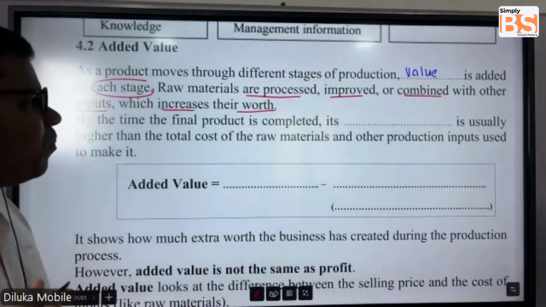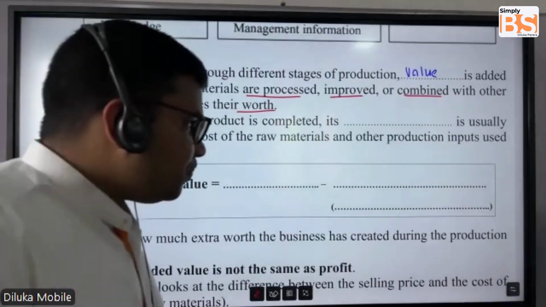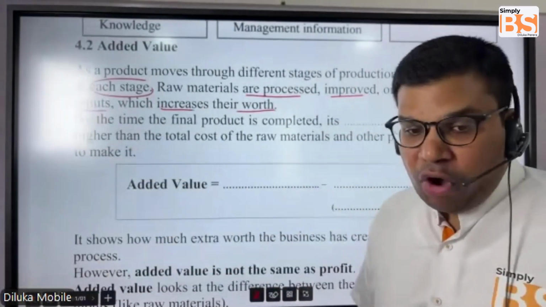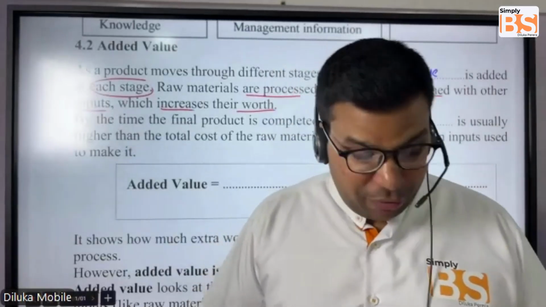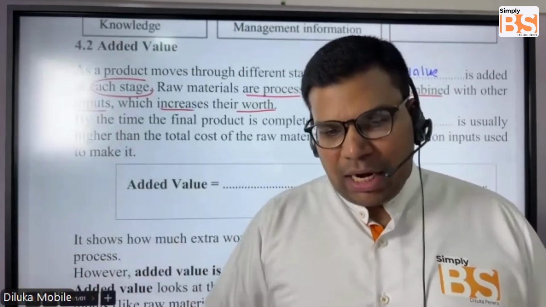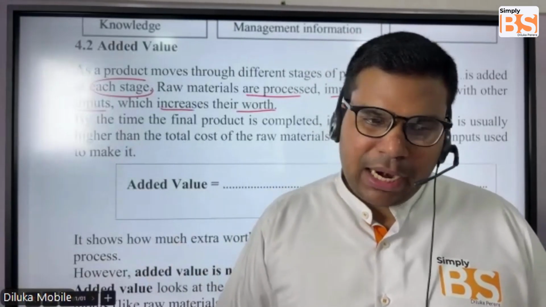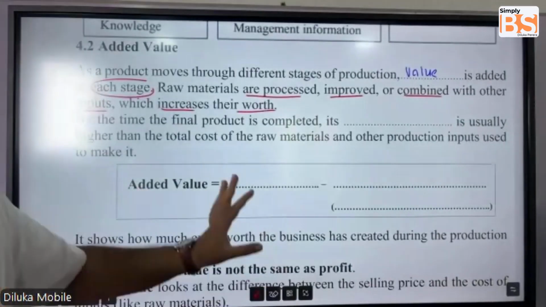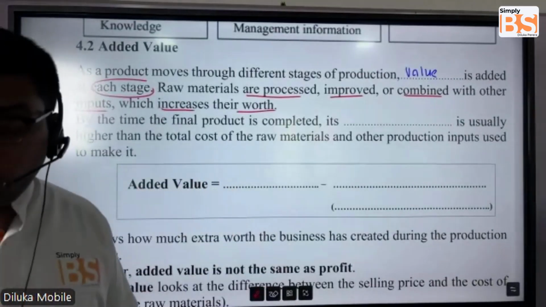So students, when it comes to added value, there's a small formula that we need to understand: how to calculate added value. First, we'll fill in the blanks for the formula with the knowledge that we have.